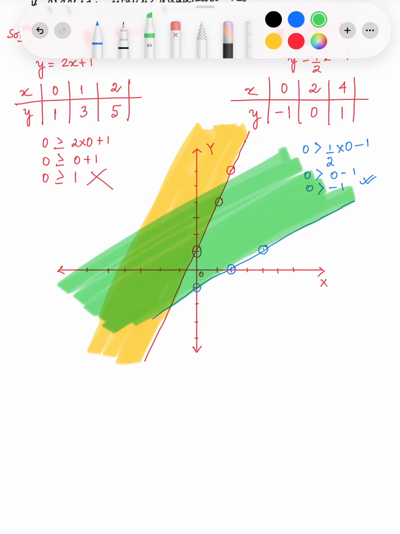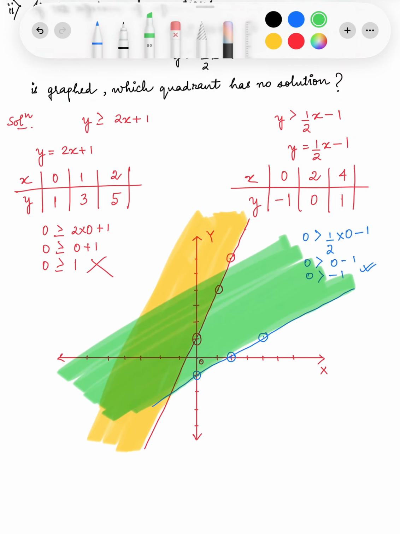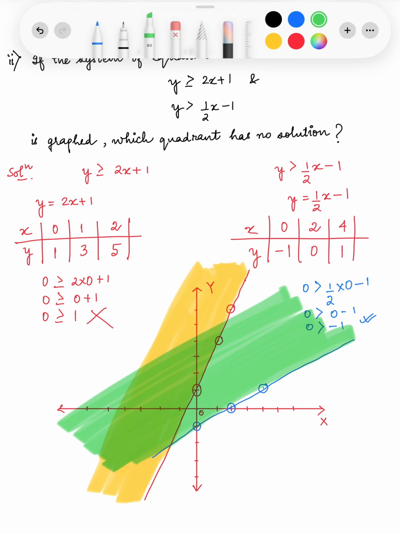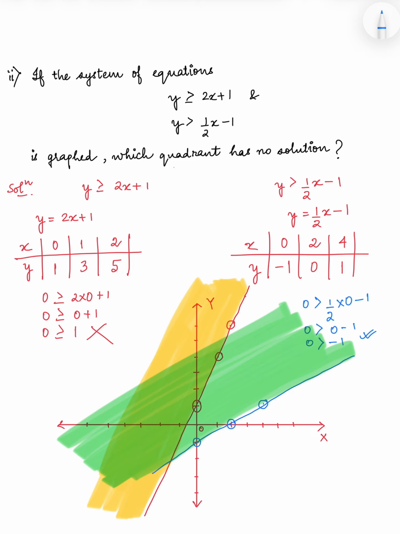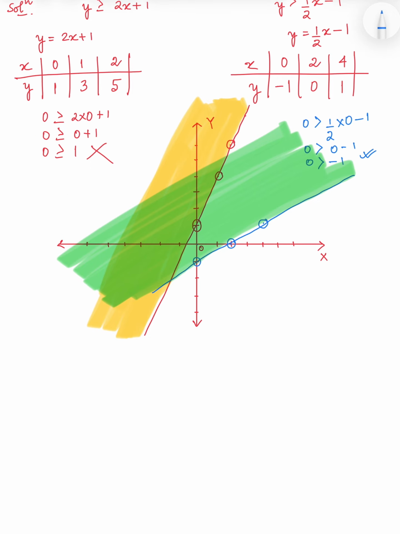Now what we have to see is, since it is a system of equations, which quadrant has no solution. So both have to be satisfied. Now we know this is quadrant 1, this is 2, this is 3, this is 4. This part is in quadrant 1, and it has both the solutions, so this is correct.